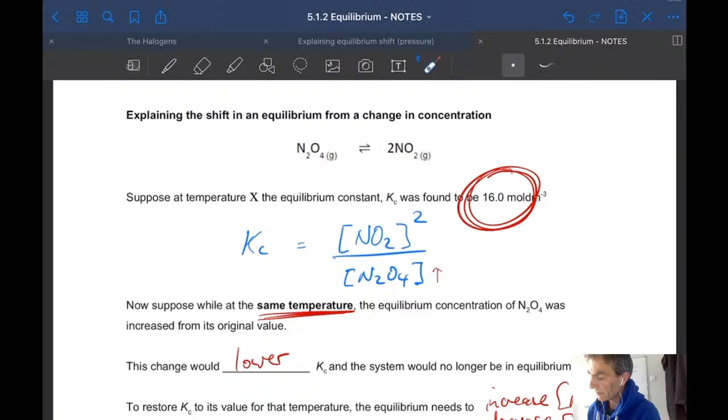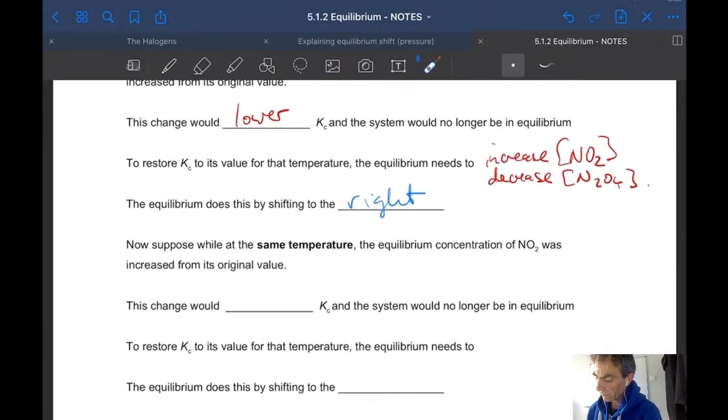But that's explaining it in terms of Le Chatelier's principle. If you explain it in terms of Kc, you've got to talk about how the equilibrium keeps that Kc value at, for this case, 16. So it's a slightly different way of explaining it.